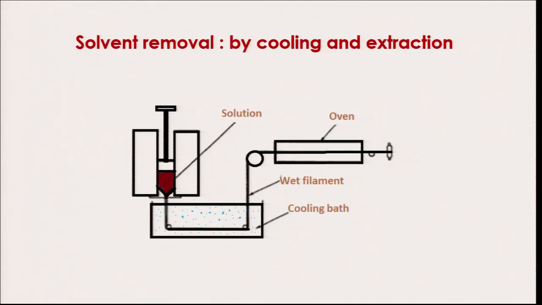That means, in the cooling bath, the polymer is in the crystallized form, in the gel form. That means some of the solvent has been removed. That means polymer chains have begun to crystallize over here.